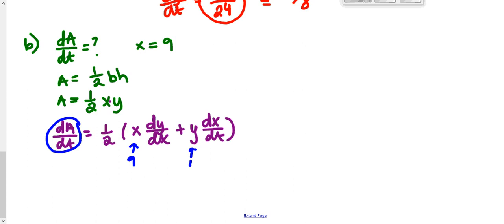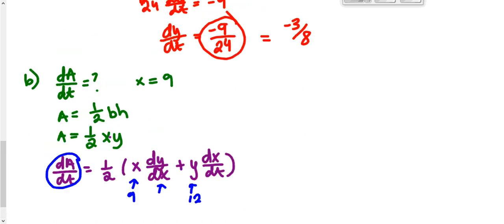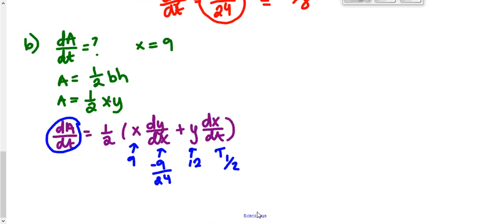Y we got from the previous problem, we figured out it was 12. dy/dt we just figured out, -9/24. And dx/dt, they gave us way back in the beginning, is just 1/2. So we have 1/2, and then we have -81/24 plus 12. 1/2 of 12 is 6.